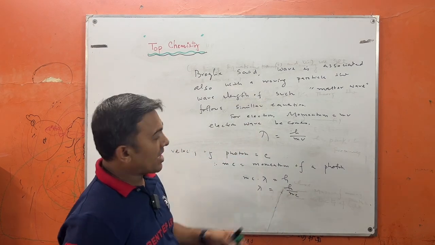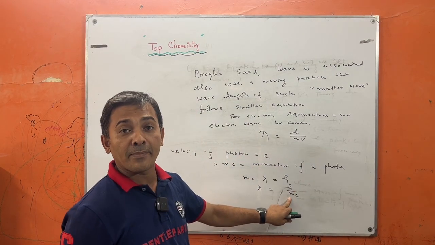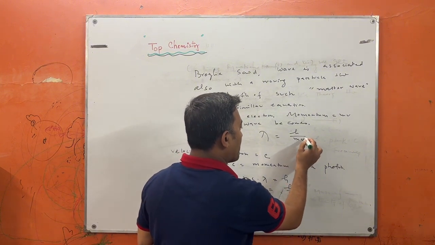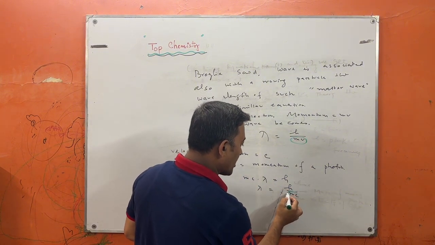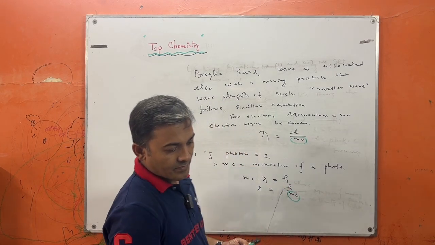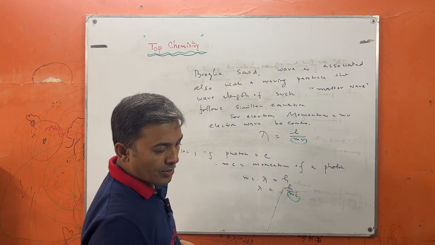That means we can write down mv instead of mc. We can write down, dear students, mv instead of mc. So this equation is known as the de Broglie equation.